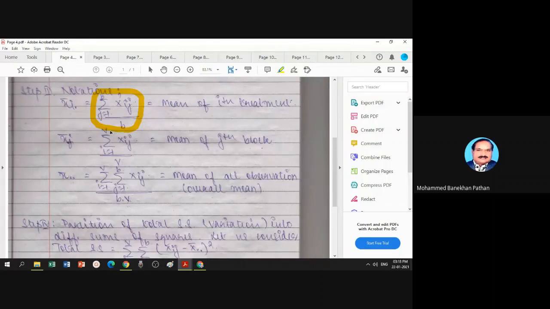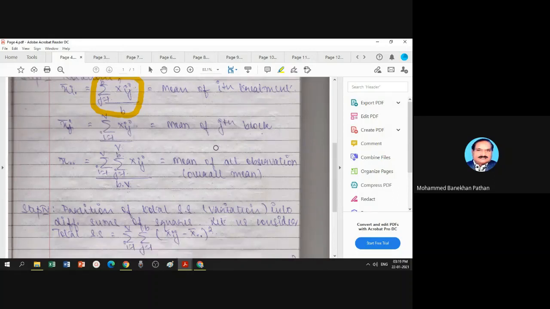It is a total of v observations divided by v to get a mean of jth block. Remember, when you want mean of ith treatment, take summation over j. If you want to get mean of jth block, take summation over i.